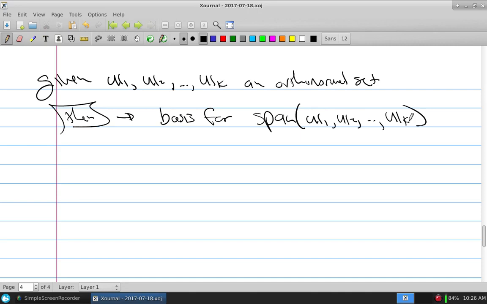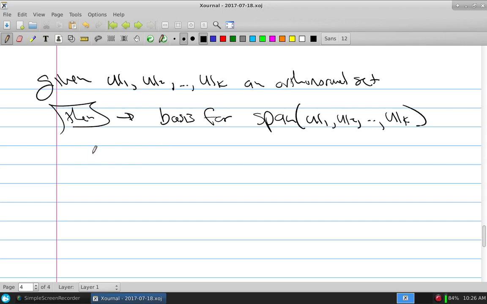Now, if they were a spanning set for a vector space, that would be a basis for that vector space. But a span is a vector space. It's normally a subspace of something, but it's a vector space. So it would be a basis for at least the span of this.